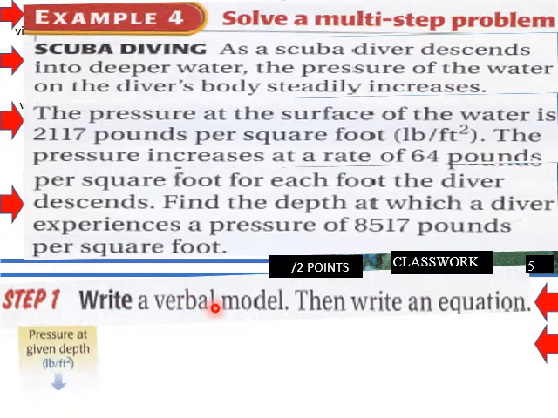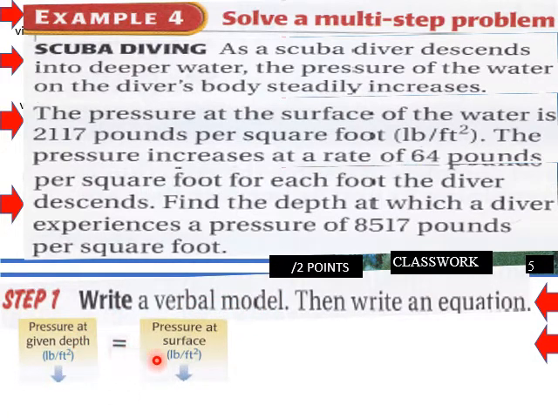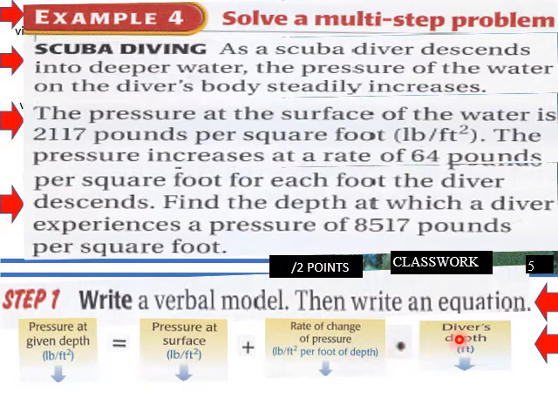So first write a verbal model, then write an equation. So pressure at given depth equals pressure at surface plus rate of change of pressure times diver's depth. So here is our verbal model for this word problem. So once we have our verbal model, we can plug in.